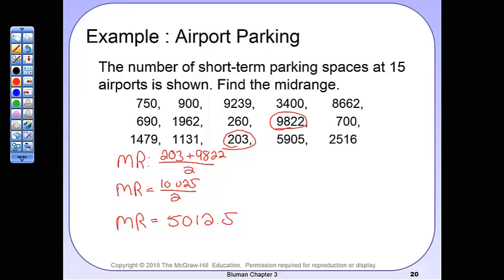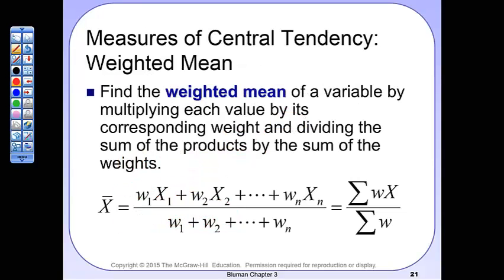And now we have a mid-range of 5,012.5. So the measures of central tendency are way different from each other. So you have to identify which one you are going to use and what you are using it for, because it really depends on that as to what you actually want to use.